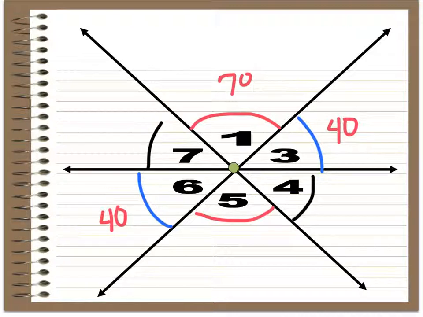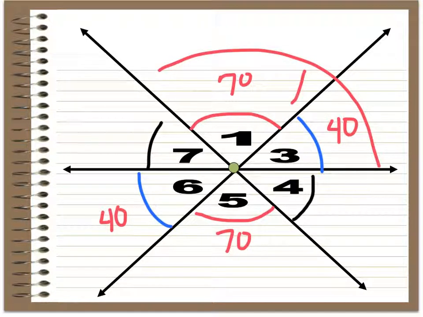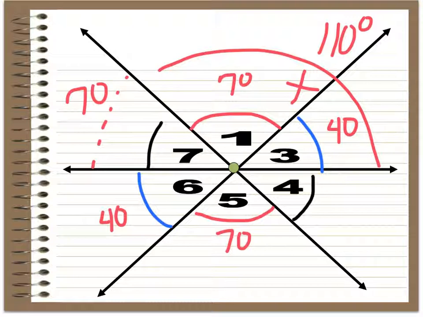Angle 5 is 70 degrees because it's also congruent. And if I want to find angle 4 and 7, I would take these two, add them up, and subtract from 180. These two angles add up to 110. To find this angle, I would subtract 110 from 180, which would give me 70, which would make this angle 70 as well. So that's how I identify the angles as vertical and their degrees.